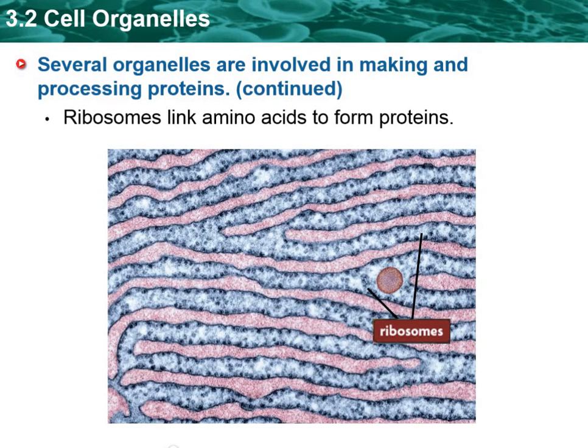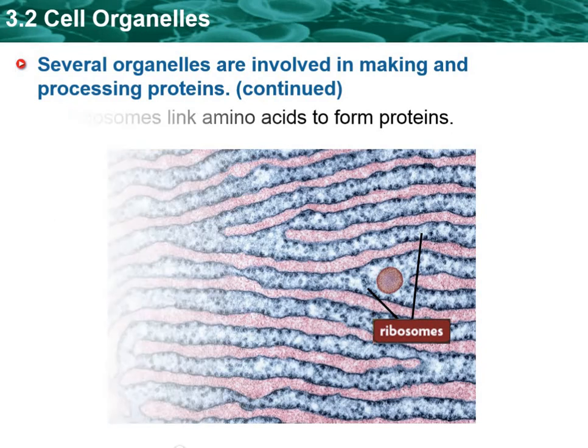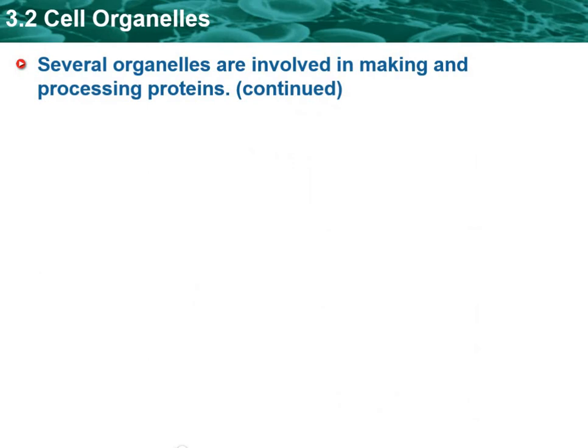And all of those little tiny black dots in that picture, those are ribosomes. So in the ribosomes and all of that stuff, we're going to continue to talk about when we get into genetics and how proteins are created.